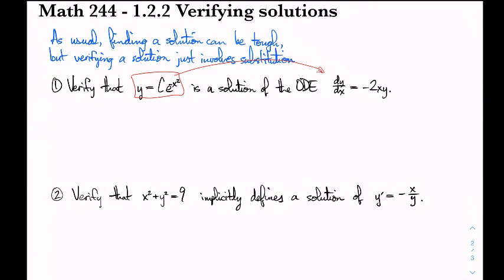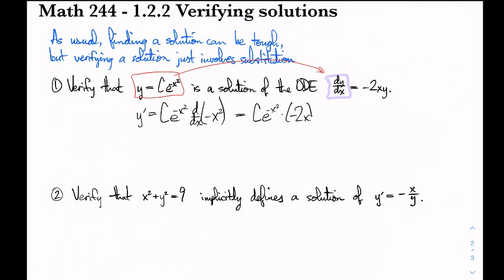So let's see. For this one here, I can begin by just taking the first derivative, since the first derivative appears in the differential equation. By chain rule, this is going to be the same function as before, times the derivative of the exponent. That's c e to the minus x squared times minus 2x.